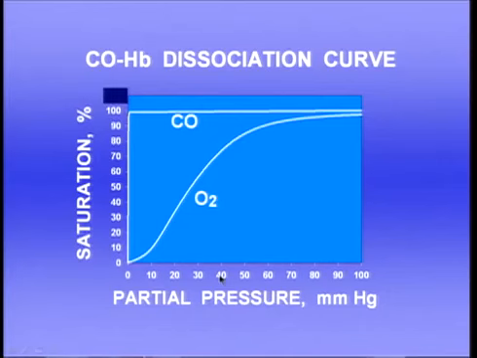So if you magnified this scale by 240, you'd get the dissociation curve of carbon monoxide. That's very important, because it means that a small partial pressure of carbon monoxide in the blood is able to combine with a large amount of the hemoglobin. And that means there's only a small amount of oxygen left over for normal metabolism. So that's a very important feature.